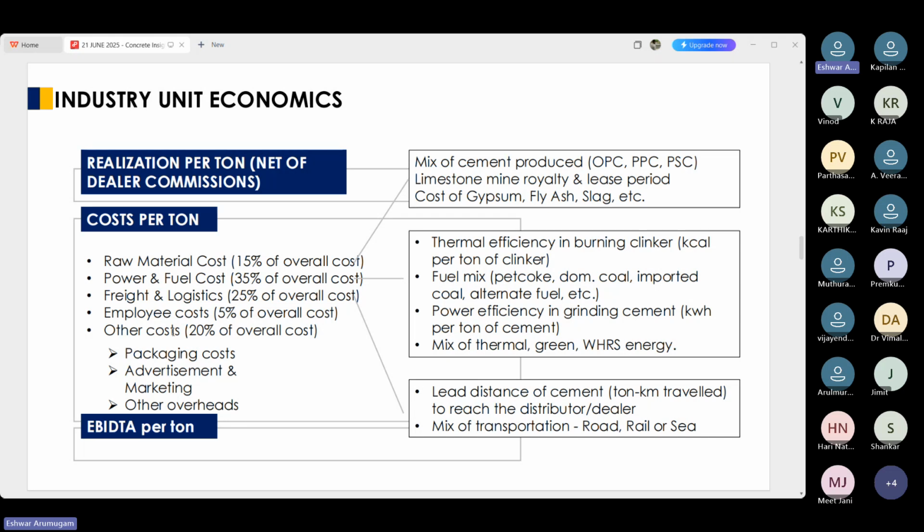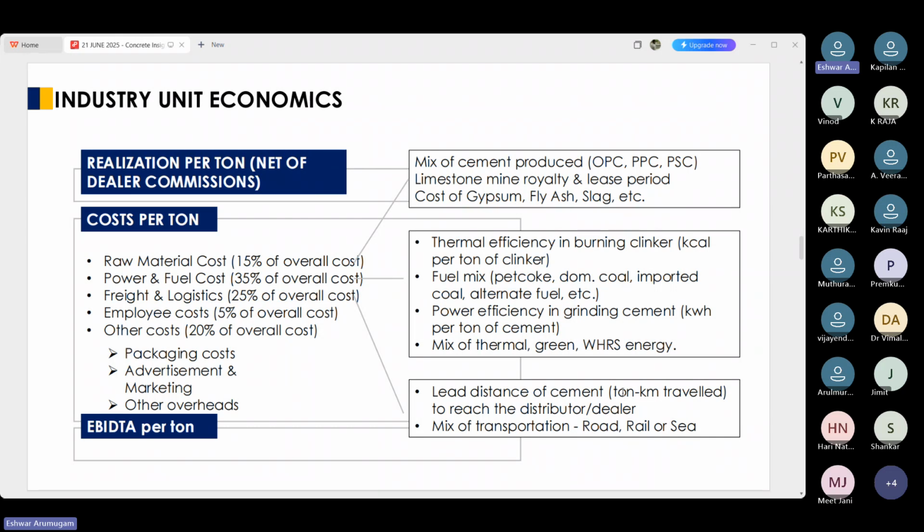Now, if you see the freight and logistic cost, the lead distance of cement, that is, how many kilometers a ton of cement travels from the manufacturing plant to the end user, is a main factor in determining the freight and logistic cost. Let's say there are two companies.